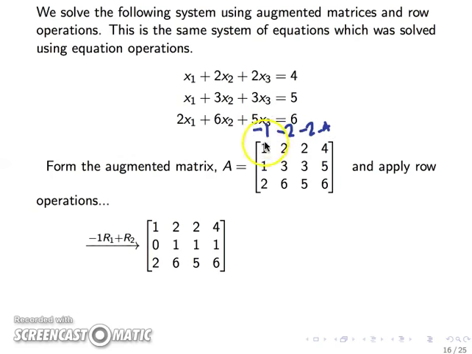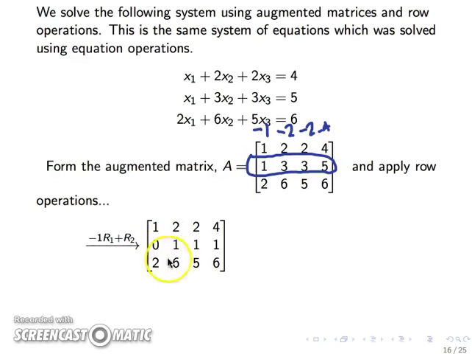And if we add these numbers to the second row here, we have -1 plus 1, that gives us 0, -2 plus 3 gives 1, -2 plus 3 gives another 1, and -4 plus 5 gives another 1. So multiply row 1 by -1, add that to row 2, and then replace the second row.